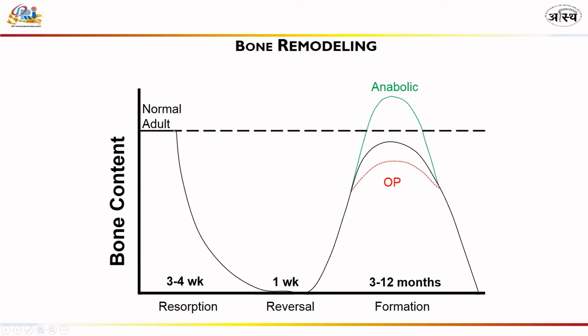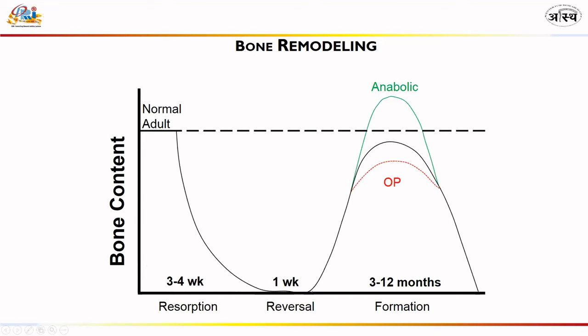They differentiate from hematopoietic stem cells. They have more resemblance with macrophages, but they are multinuclear, and they resorb a pit on this quiescent surface requiring remodeling, and it generally takes 3 to 4 weeks to happen in human.